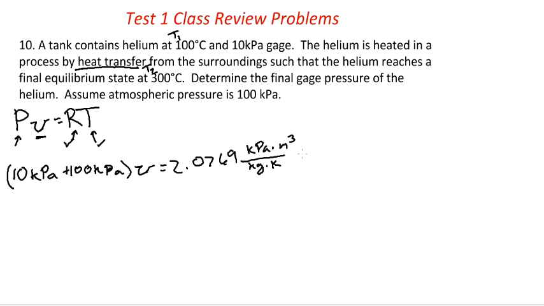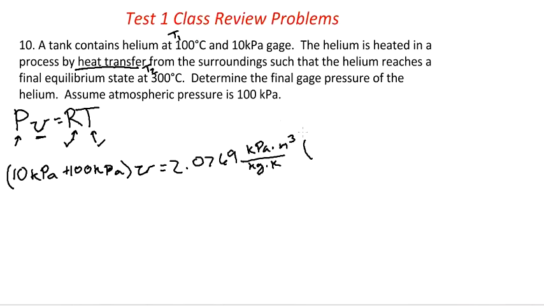Alright, times the initial temperature, because we're using the initial pressure, we also want to use the initial temperature. That's 100 degrees Celsius. In this case, we're looking at a specific value of temperature, so we do need to convert it to Kelvin.